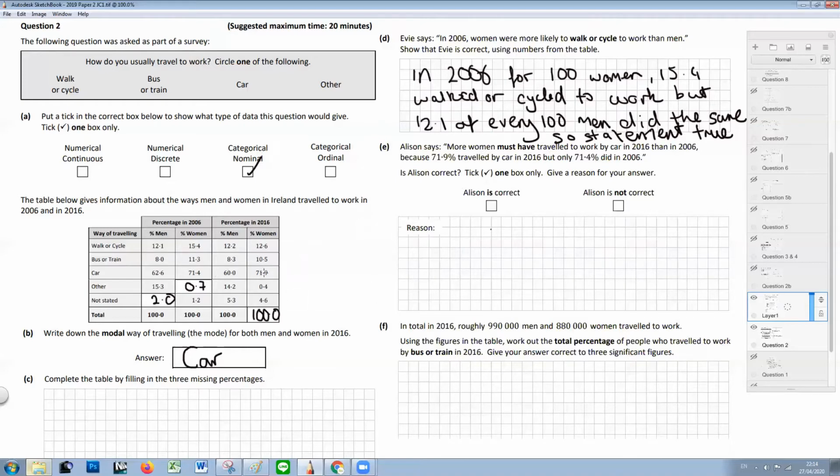Even though your number here is higher than here, it doesn't necessarily mean it was true, because you could have had 1 million women working here and 500,000 women working here, and this would be a much higher number. It's just a lower percentage out of 100. So the number is not necessarily correct, because you don't know the total amount of women that travelled to work in 2006 versus the total amount in 2016. So no, the answer is not completely true.